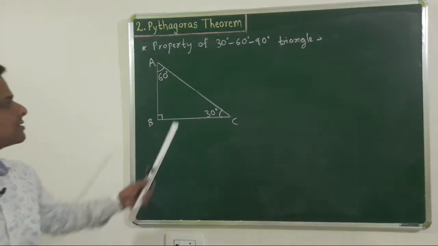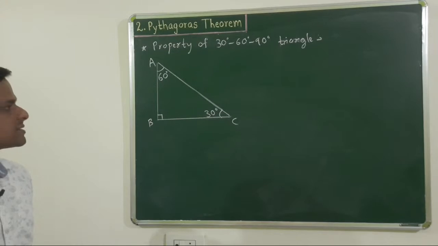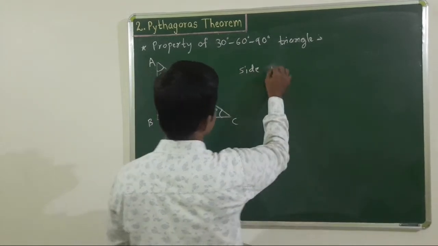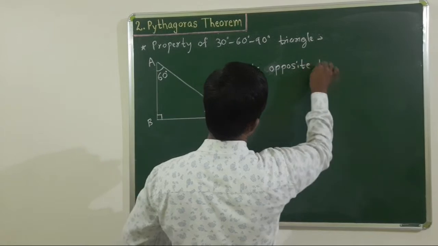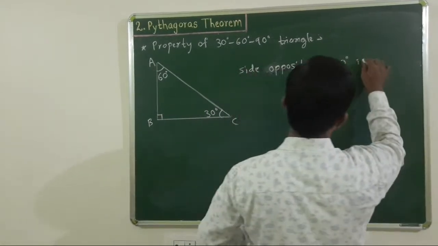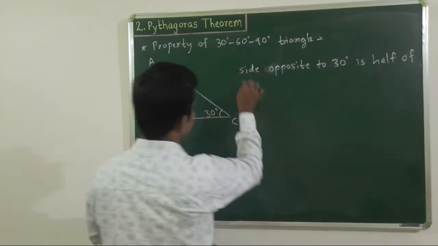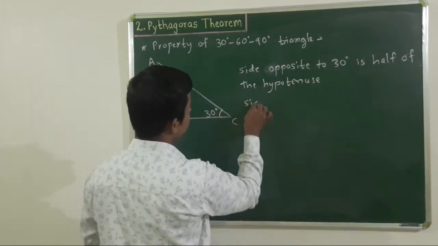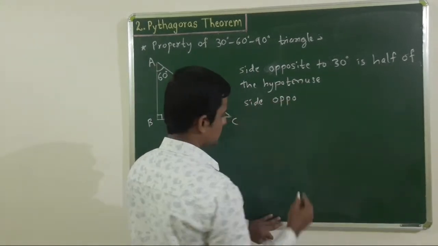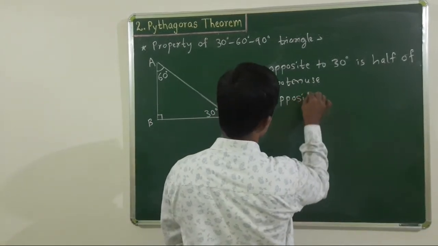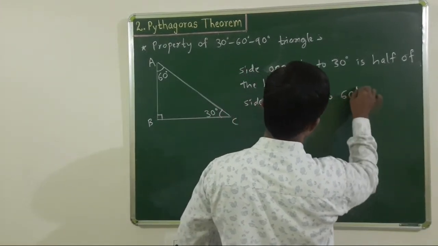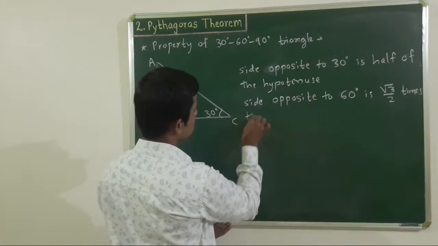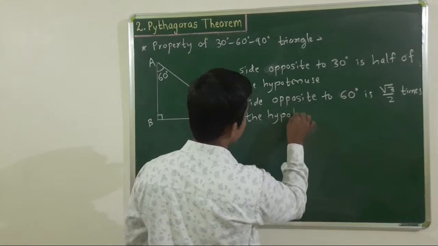In a triangle with angles 30, 60 and 90 degree, the statement tells us that the side opposite to 30 degree is half of the hypotenuse, and the side opposite to 60 degree is root 3 by 2 times the hypotenuse. This is the statement of the 30-60-90 degree triangle theorem.